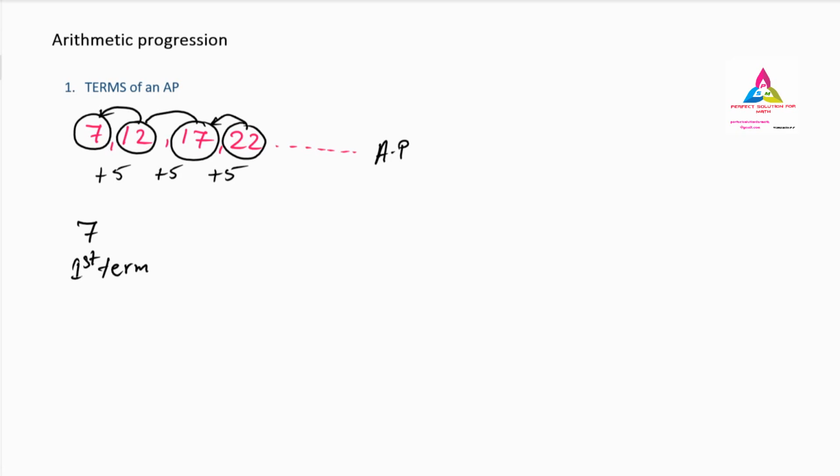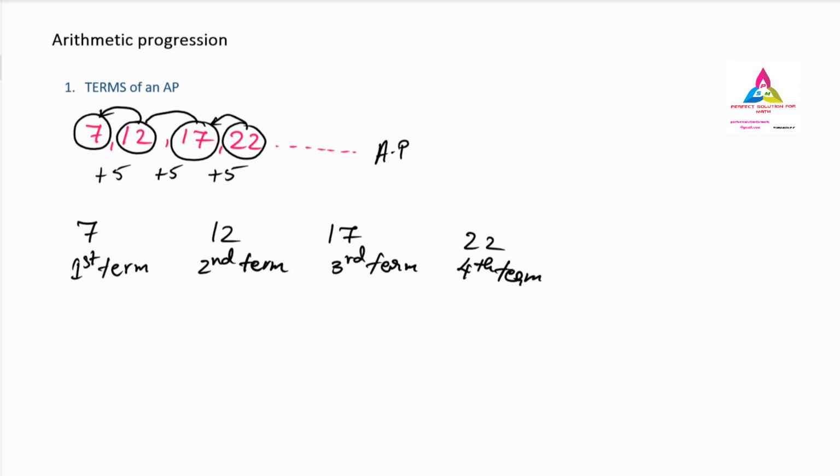Next one is 12, so 12 is the second term. Similarly 17 is the third term and 22 is the fourth term. So it is easy to find which term it is.